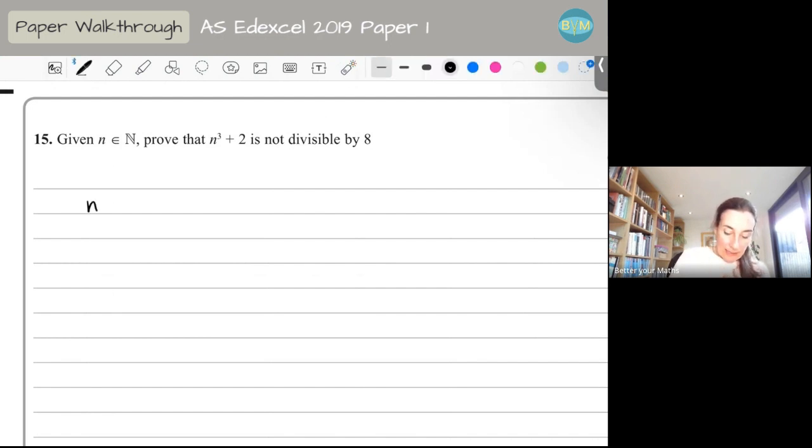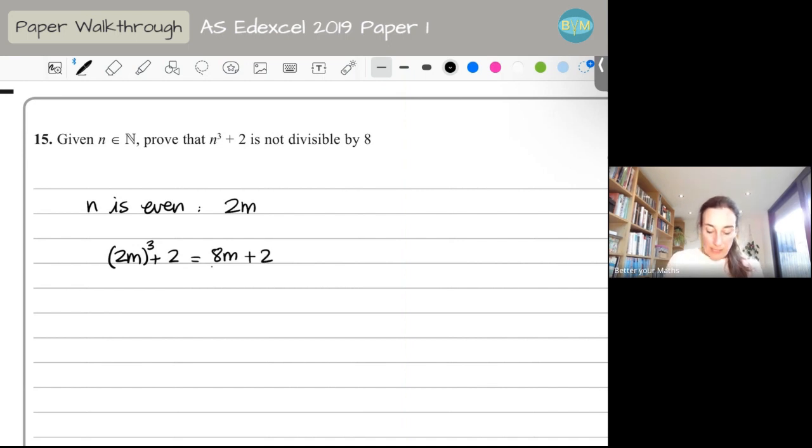Let's say that n is even. If n is even, I can write it as 2m. If I do the cube of that, (2m) to the power of 3 plus 2 is going to be 8m cubed plus 2. 8m cubed is a multiple of 8.